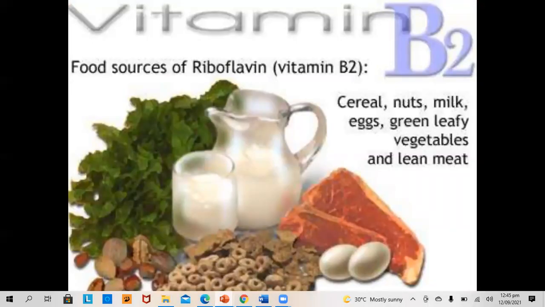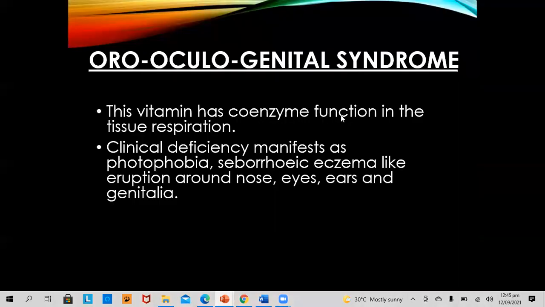Then another important vitamin B, which is vitamin B2, also called riboflavin. Riboflavin has almost a similar source as B1, that is milk, fortified cereals, and meat. Along with that, green leafy vegetables. Deficiency of riboflavin results in oro-oculo-genital syndrome.